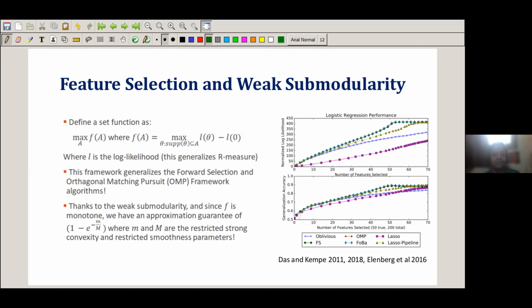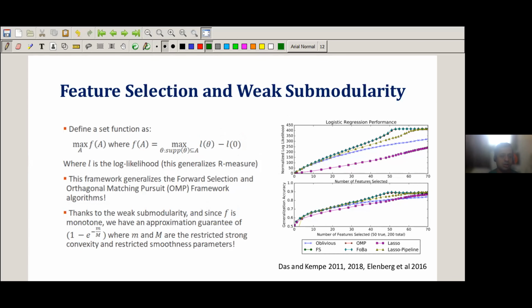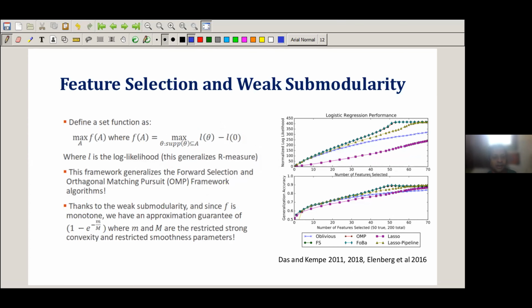I talked about 1 minus 1 over e for greedy algorithms under general submodularity. But here you can get 1 minus e raised to minus m by M, where these are the convexity and smoothness parameters, small m and capital M.